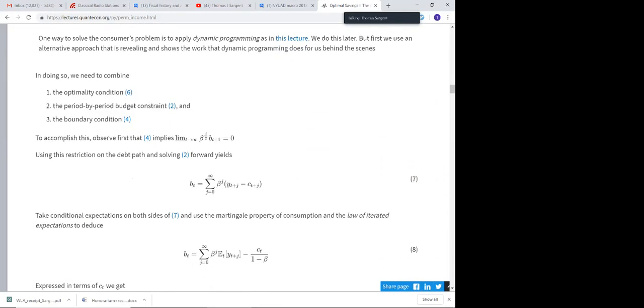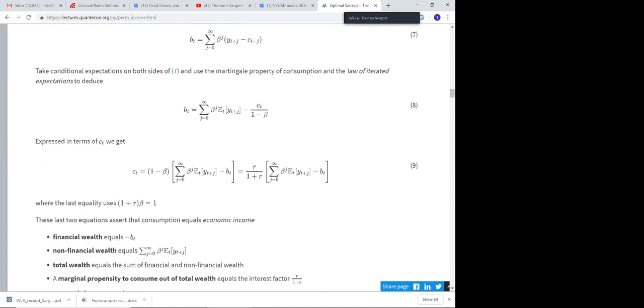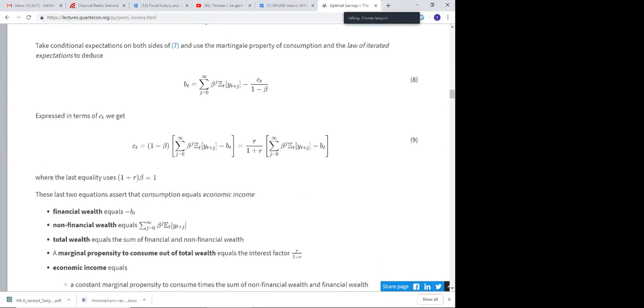Okay, so now the rest of this is just going to be repeating math that I just showed you. Here's our decision rule, which is a version of what I showed you before. Your consumption, this is Friedman's rule, is equal to an interest factor times your human wealth, that's what this term is, plus your non-human wealth.